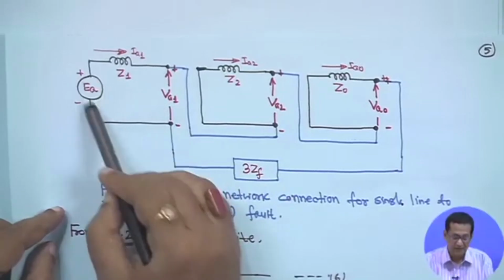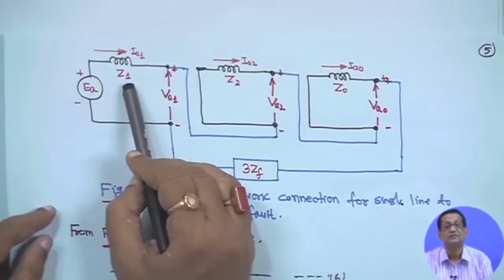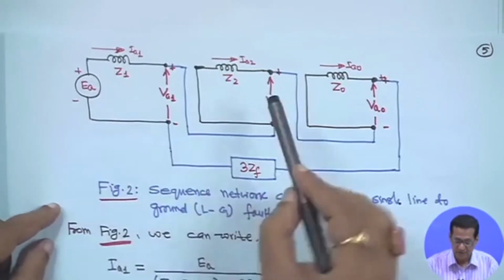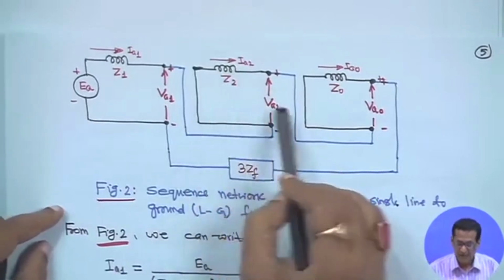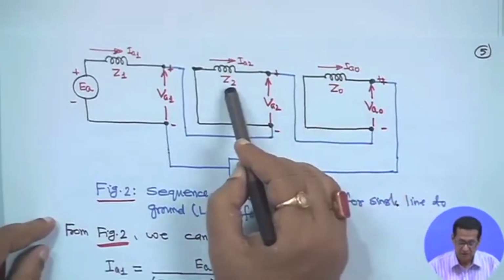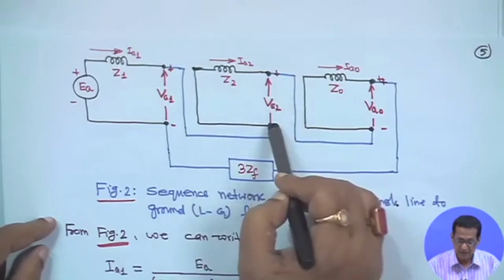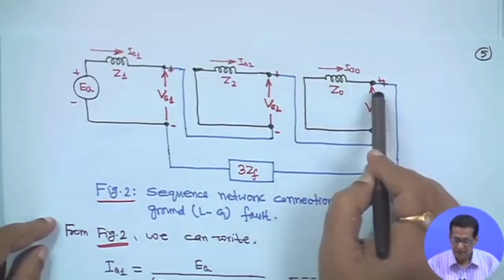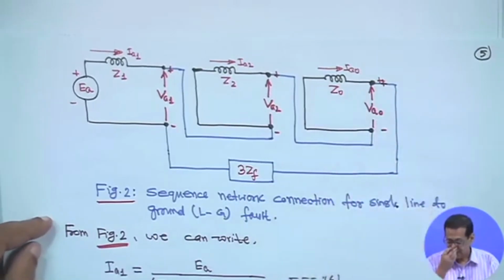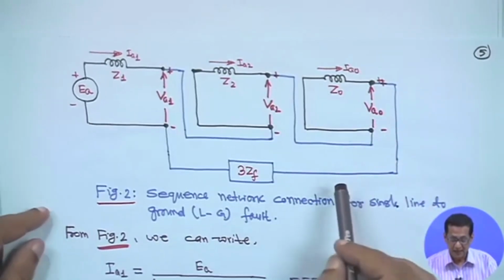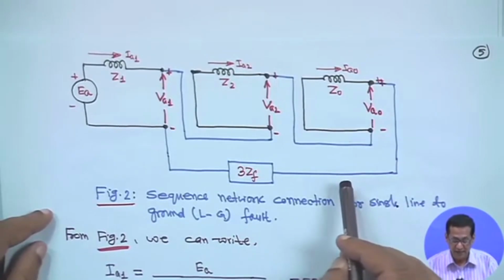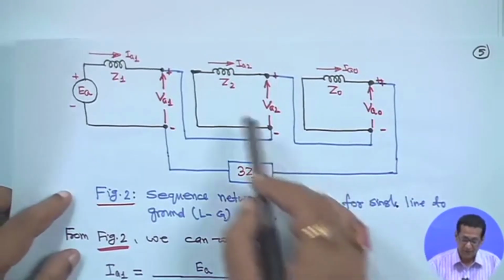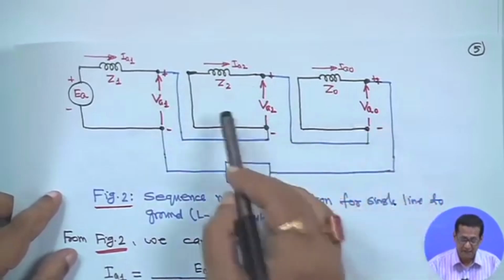So EA will be there, plus minus, this is Z1, the positive sequence impedance, and the current is I1. Next, in the other two there will be no voltage source. So this is Z2 and this voltage is VA2, and for zero sequence this is Z0, the current is I0, and this is your VA0. Now, as it will be a series connection, all currents IA1, IA2 and IA0 are the same, equal to 1/3 IA.